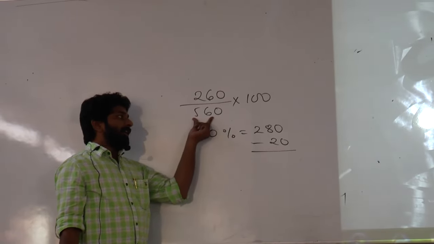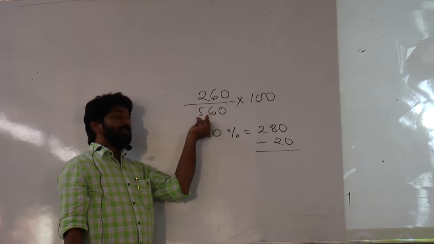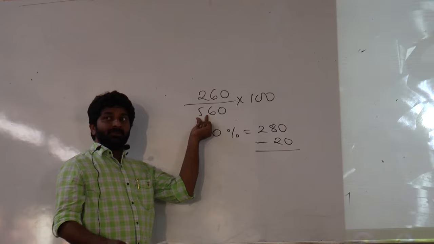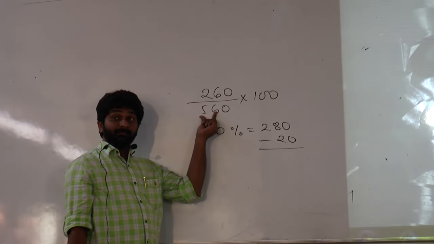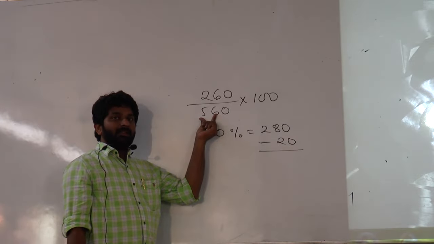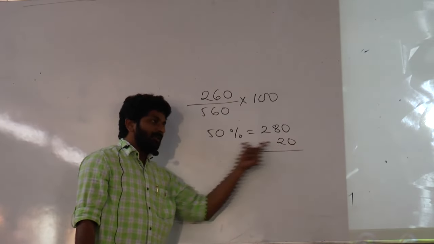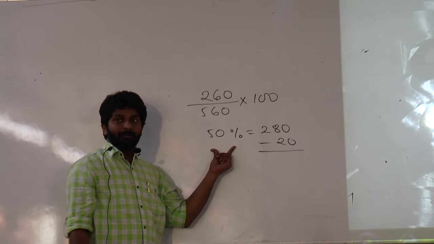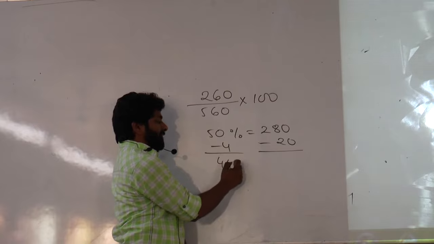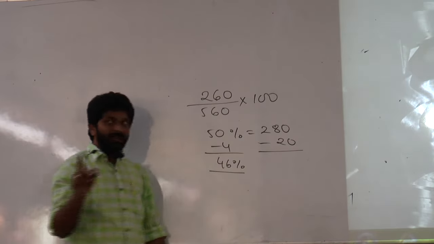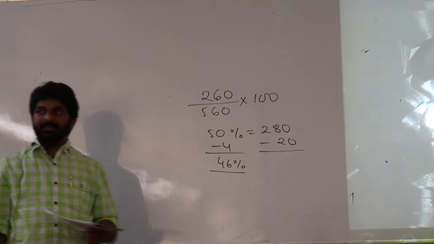Look at the denominator: 10% is 56, 1% is 5.6, 2% is 11.2, 4% is 22.4. But you need to subtract 20 only. So you need to subtract less than 4%. If it were 4%, the answer would be 46%. So the answer is near about 46%. You have only one option: 46 3 by 7.